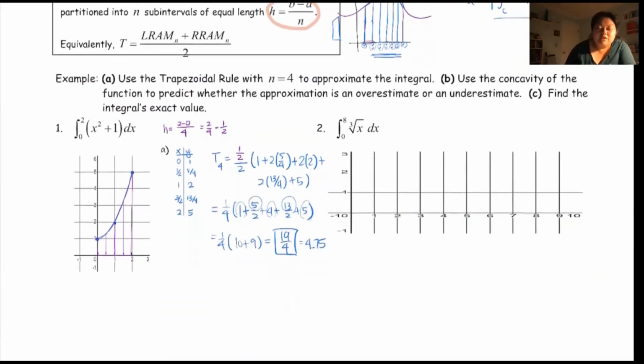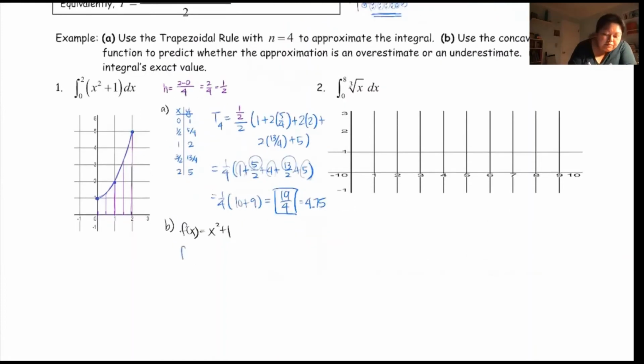Next, we have using the concavity. So you want to prove your concavity by taking the second derivative. So f of x is equal to x squared plus 1. To find concavity, recall your memory from chapters 3 and 4. So f prime is 2x, f double prime is 2.